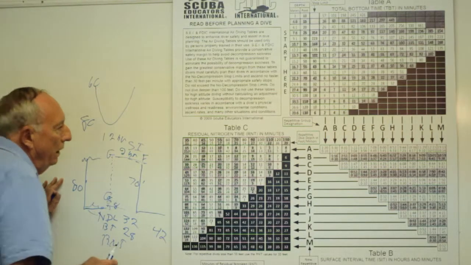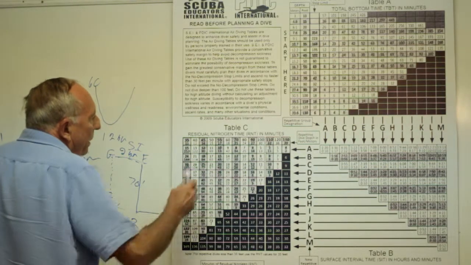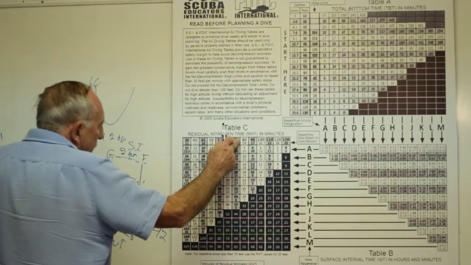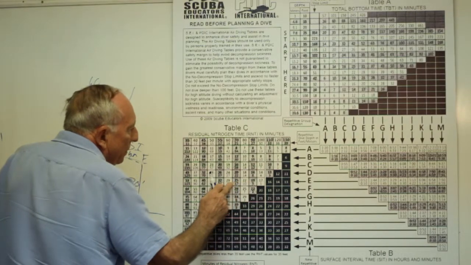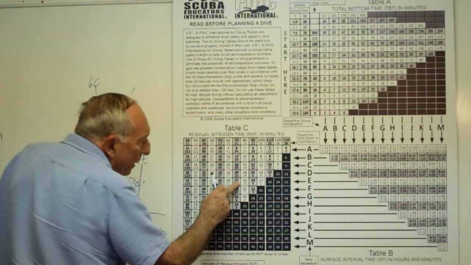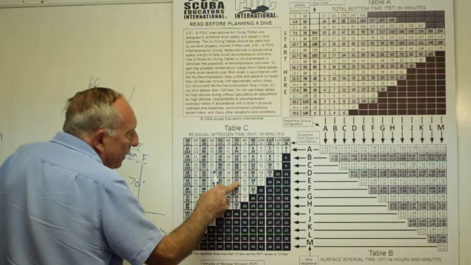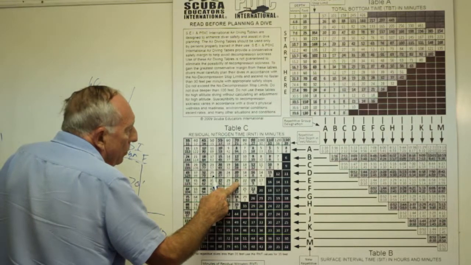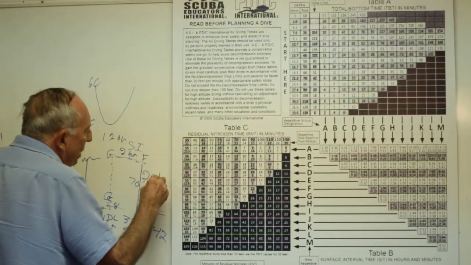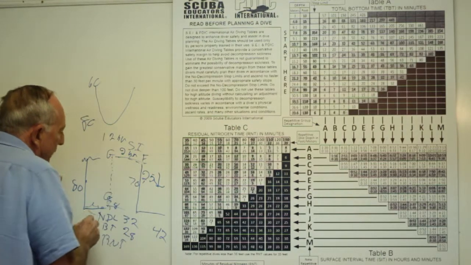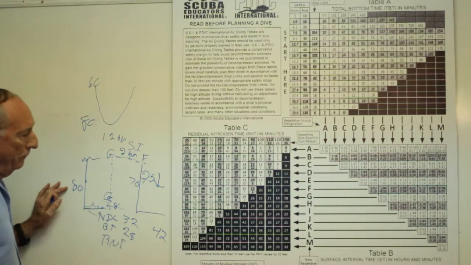We do that in table C by going in at 70 feet and going down to E. Where E and 70 intersect, we find the top number here is 25 minutes. That's how much nitrogen we still got left over from what we got on the first dive.